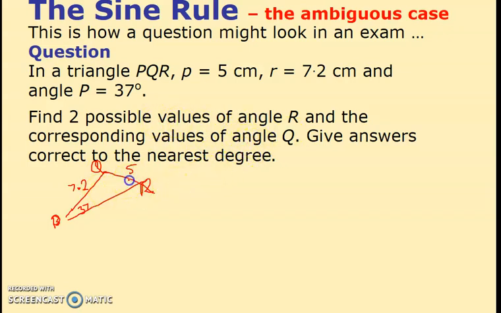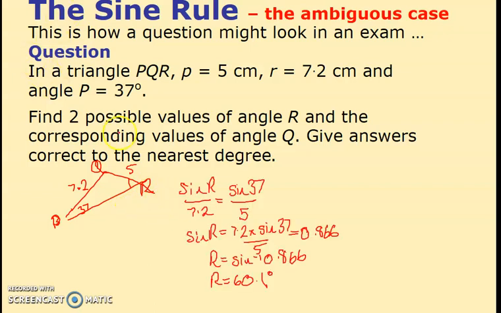So if I just quickly try to do this, as I was saying, I've gone quickly through the maths because I've run out of time, but you can see I've done the question, I've got 0.866, I've inversed it, and I've got 60.1. Now, the thing is, 37 and 60.1 is small.